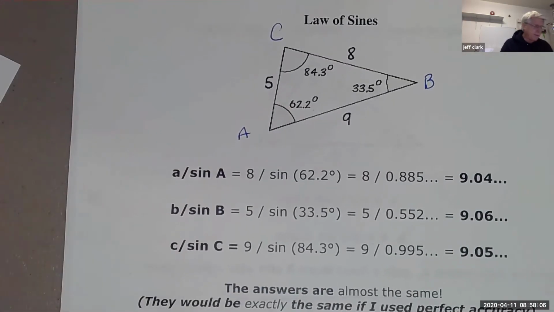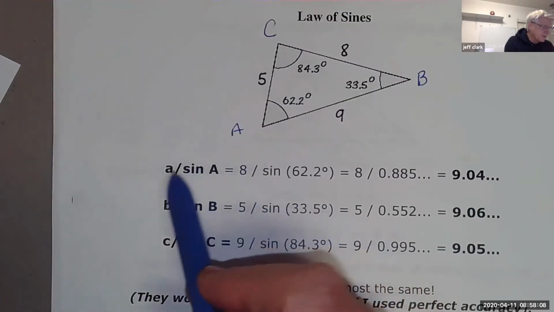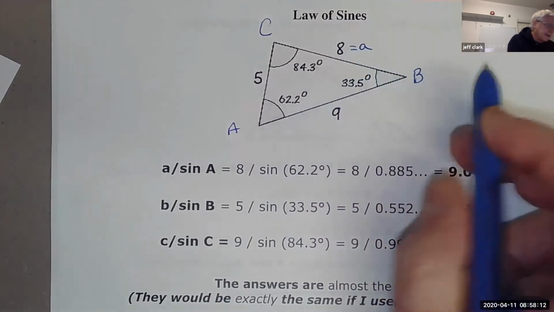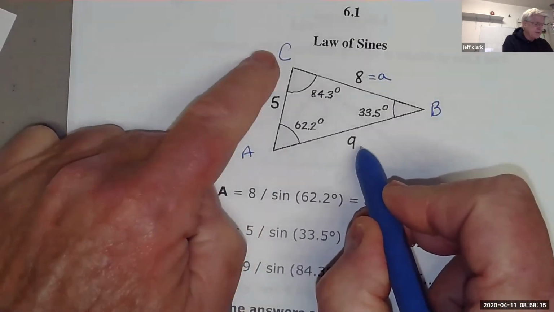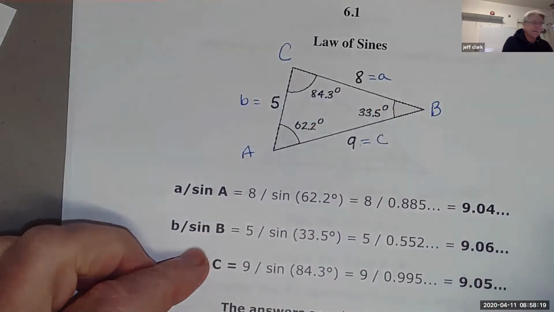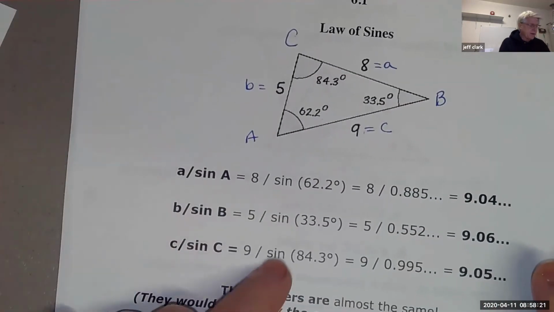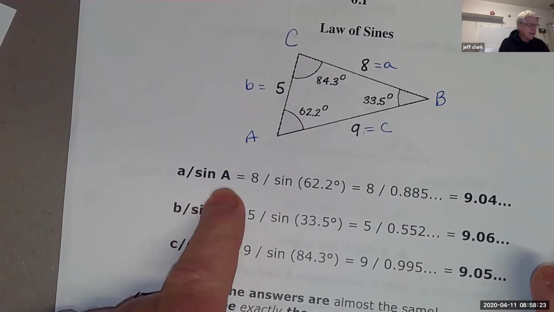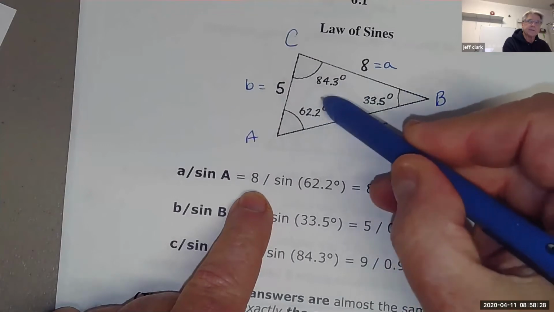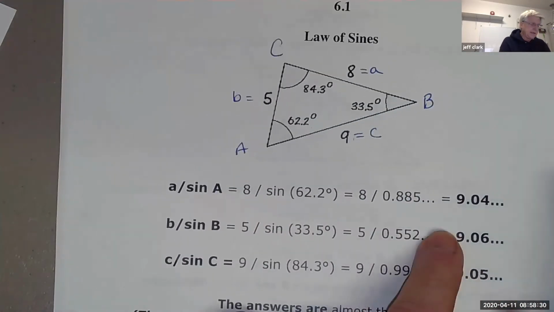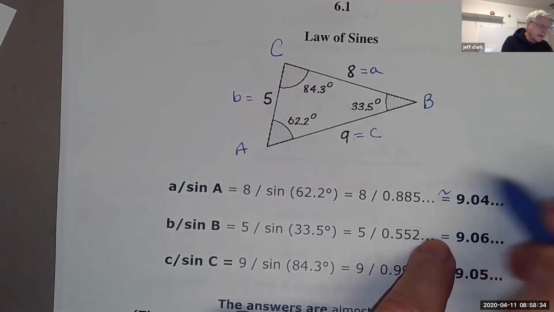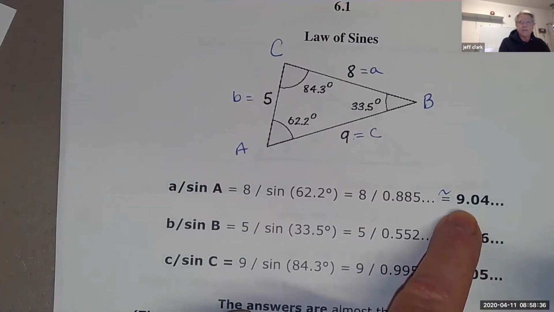If you went through the process and looked at the ratio, little a is 8, so this is my little a, and directly across from angle C is little c, and this is little b. Then you look at the ratio we had, a is to sine A, so that would be 8 is to sine of 62 degrees. I did a little decimal approximation, so that's around 9.04.